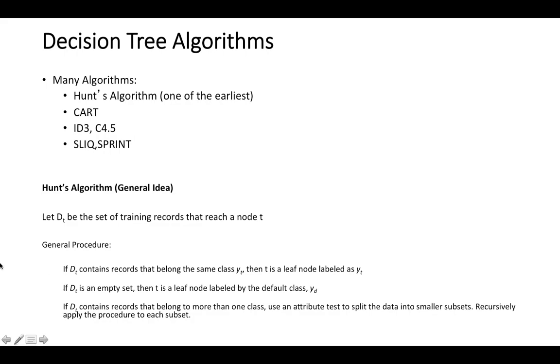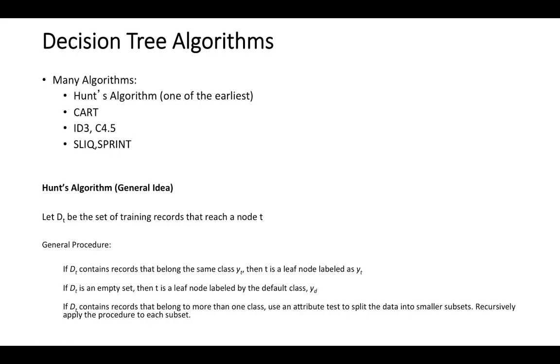Let Dt be the set of training records at node t. The general procedure is this: if Dt is an empty set, it's by default classified as a leaf node. If Dt has records that belong to the same class yt, then t is a leaf node labeled as yt. So all of the elements belong to one class, you don't have to split, it's perfect.